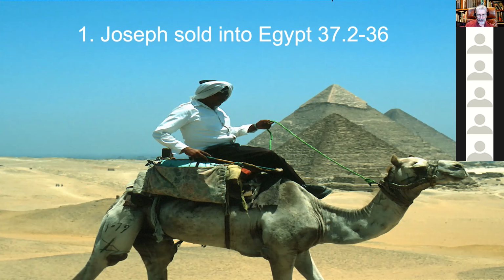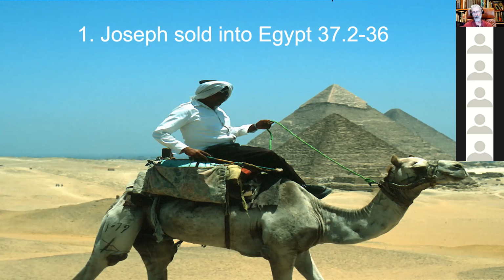Nevertheless, this was all part of God's plan. And so Jacob said, "Go see how they're doing." And so he sent him from the valley of Hebron, and he came to Shechem, and he found a man wandering in the fields. And the man asked him, "What are you looking for?" He said, "I'm looking for my brothers. Have you seen them?" And the man said, "Oh, they've gone away. I heard them say, 'Let's go to Dothan.'"